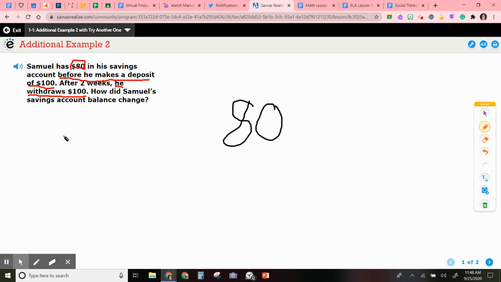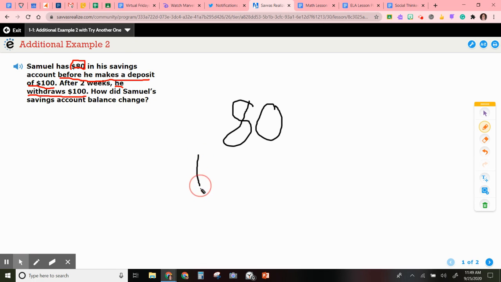When someone makes a deposit, are they adding money or taking out money? Think about that for just a moment. When you make a deposit, you are adding money to your account.